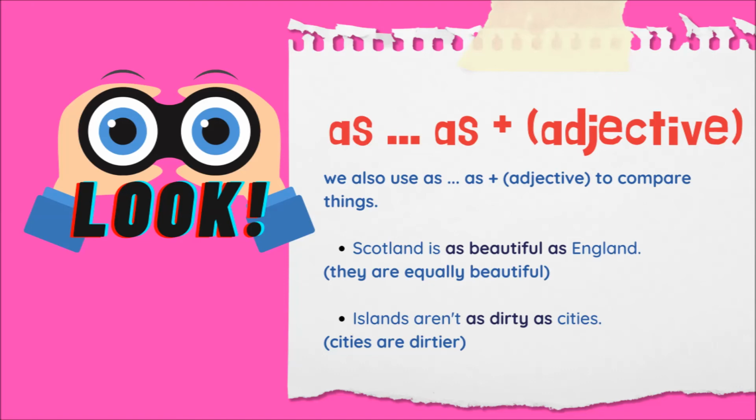Scotland ialah sama cantik seperti England. Scotland is as beautiful as England, so which means they are equally beautiful. Okay, ingat kalau ada as, adjective kat tengah-tengah dia, as beautiful, lepas tu as England.